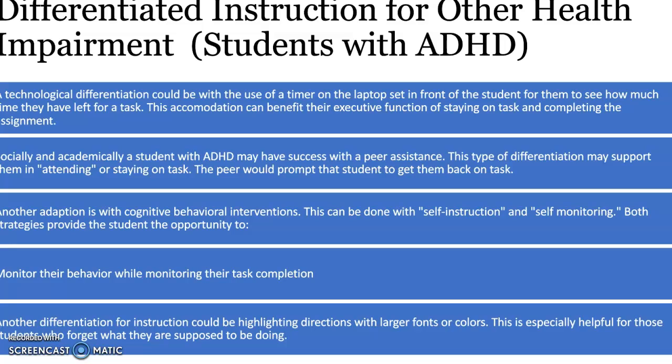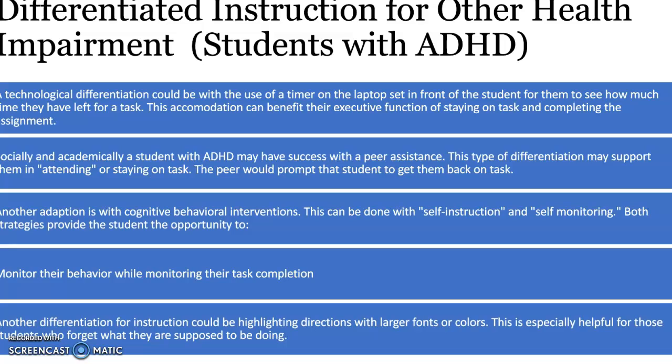It could also look like sitting that student down and providing them with different supports where they have to self-monitor themselves. And this will get them into the habit of completing the task more frequently and monitoring what behavior they're supposed to be doing at that moment, whether it's during the lesson or while completing an activity given.